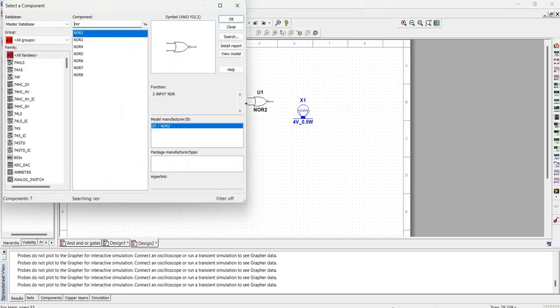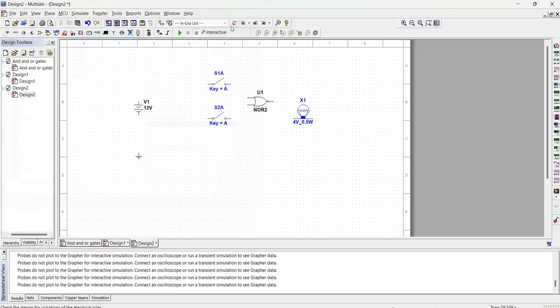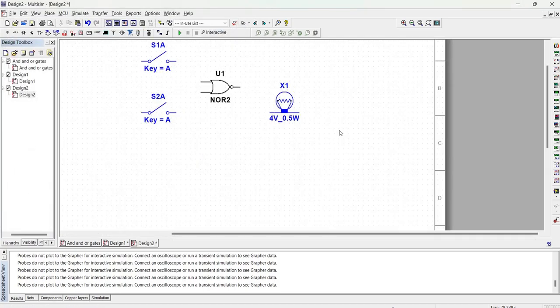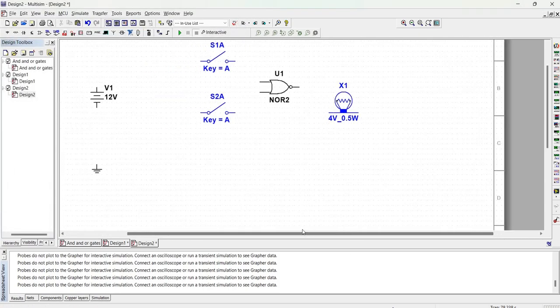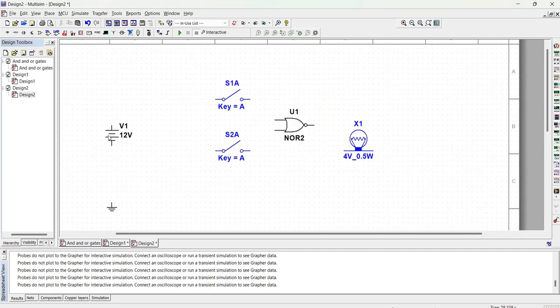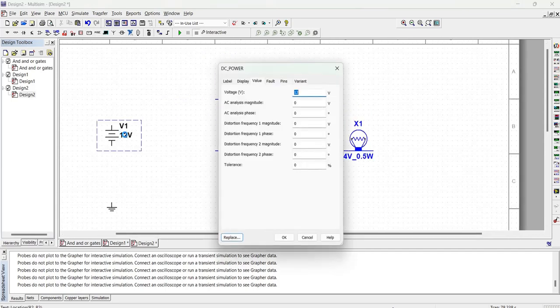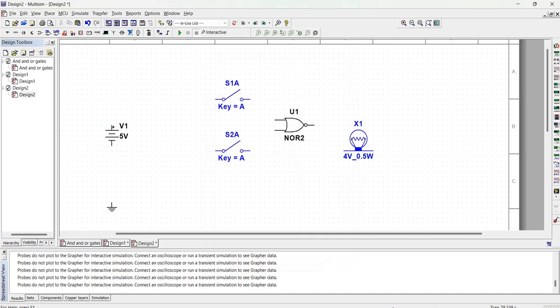So we take it here. Let's close this, expand this, and then do the connections. Our transistor logic gates always work within a voltage range of about 5 volts. So let's change this battery source to 5 volts.